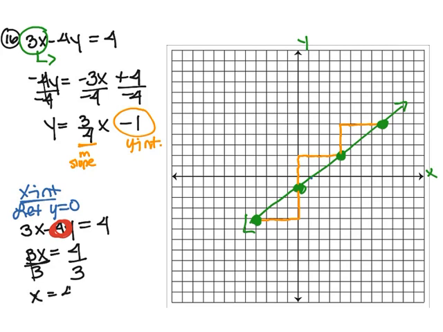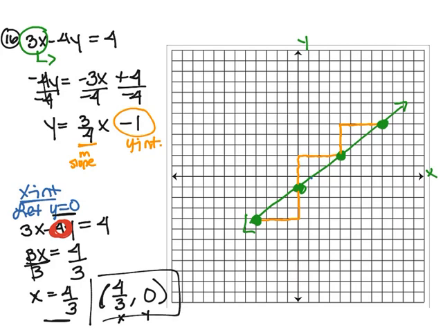So yes, that is slightly over 1, so that's where we're crossing on the x-axis. Write it as an ordered pair. You would say 4/3, comma 0. Keep in mind the x number would be that 4/3. Your y, you got to let it be 0. So if I have a blank beside this graph that says give me the x-intercept, this is what I need you to put in the blank for the x.